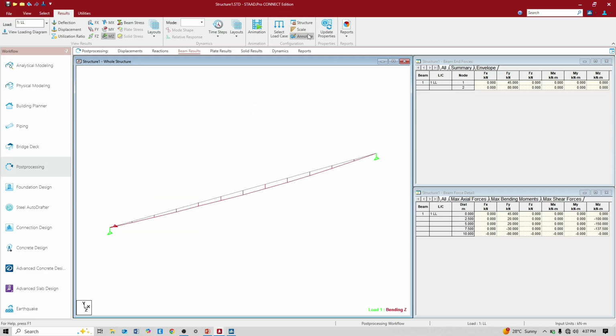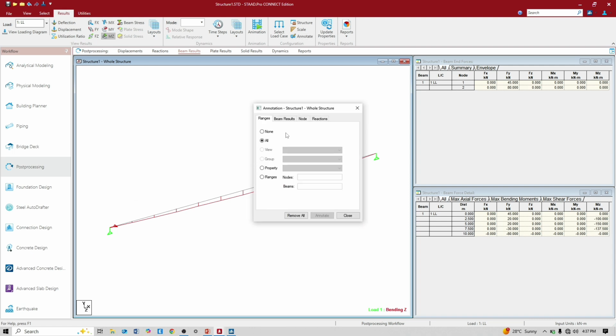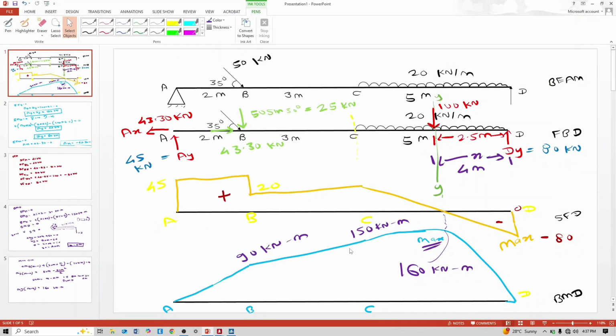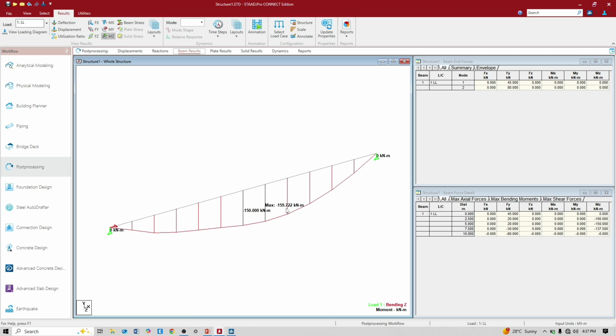Again see moment. 0, 150, 159, 0. See 150 kilonewton meter, 159, that means it is 160.